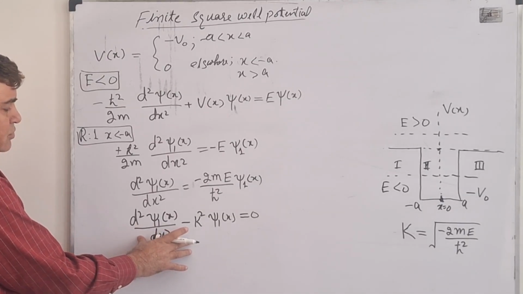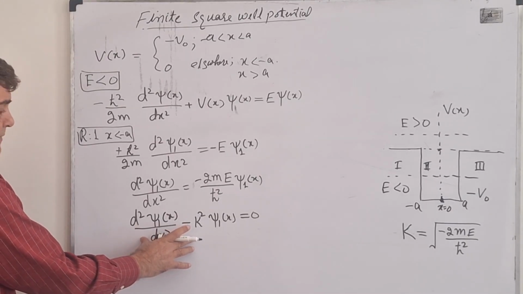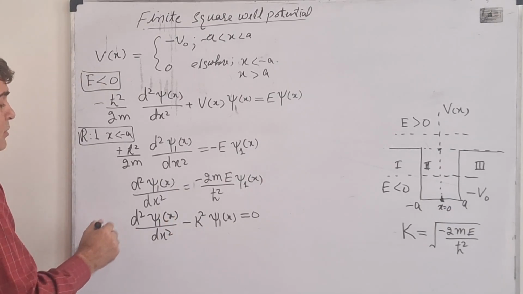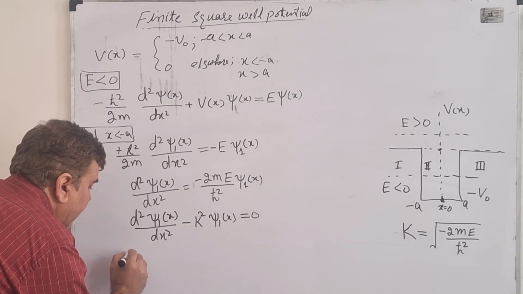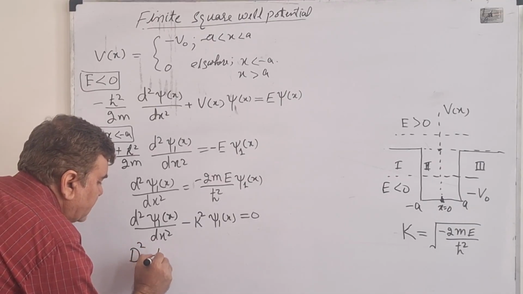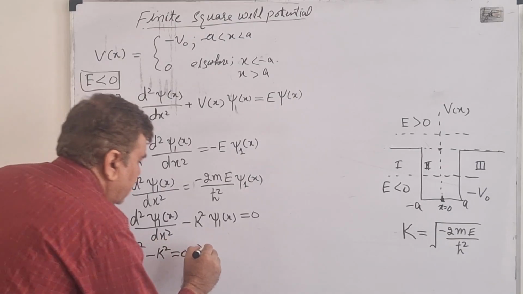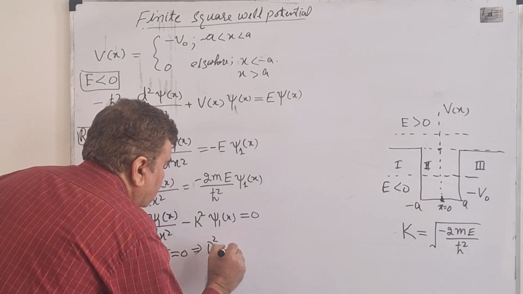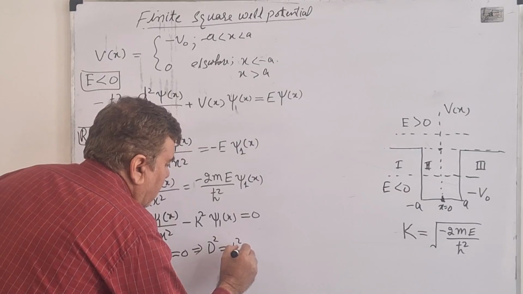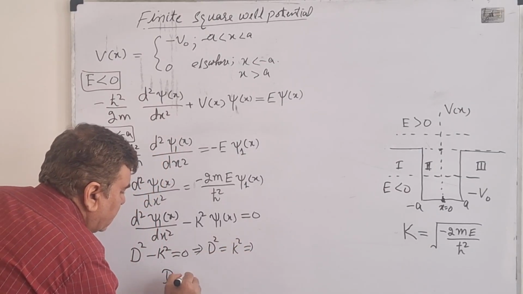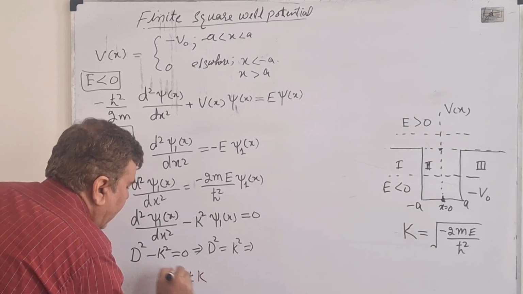Therefore, to find the solution to this differential equation, I need to find the roots of the equation. For the roots, I can write d squared minus k squared equals 0. This implies that d squared equals k squared, or d equals plus or minus k.